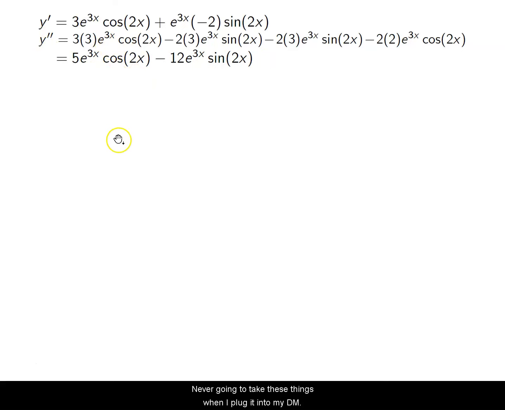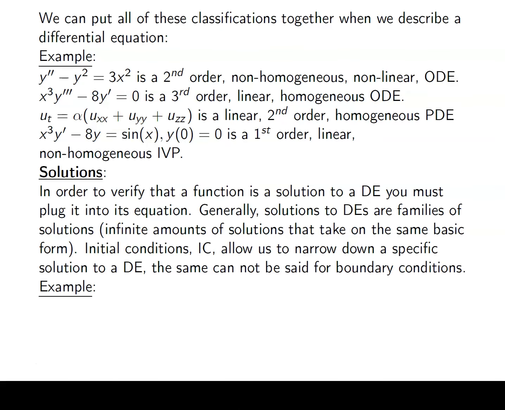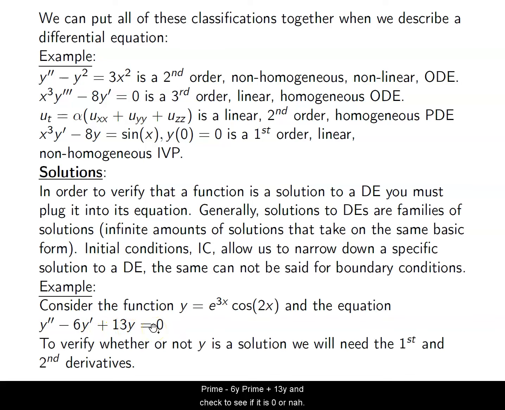Now we're going to take these and plug them into our DE, our original. We're going to take y double prime minus 6y prime plus 13y and check to see if it is 0 or not. This is a very important process, because basically this means you can check every single one of your problems.